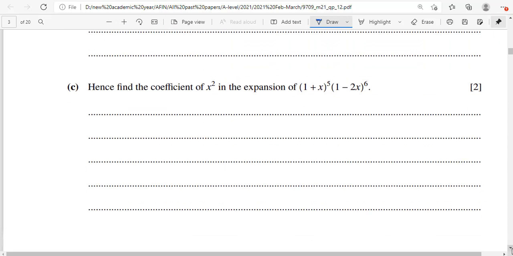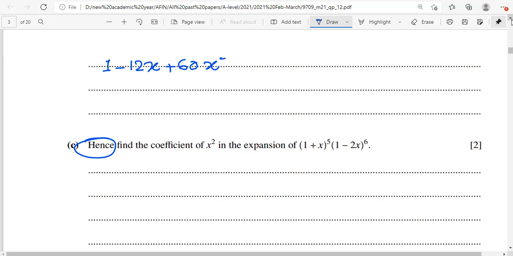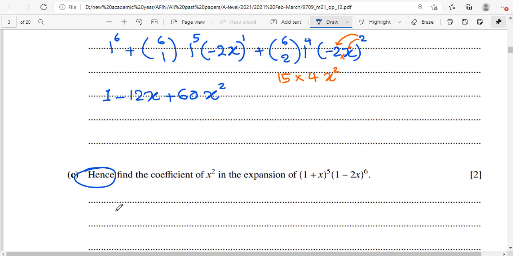Okay, in part C, hence. Whenever you say hence, it means you have done something before this question. Then you're going to use these results instead of doing this all from scratch. That takes time. Then we have this, which is 1 minus 2x power 6. We want the coefficient of x squared.